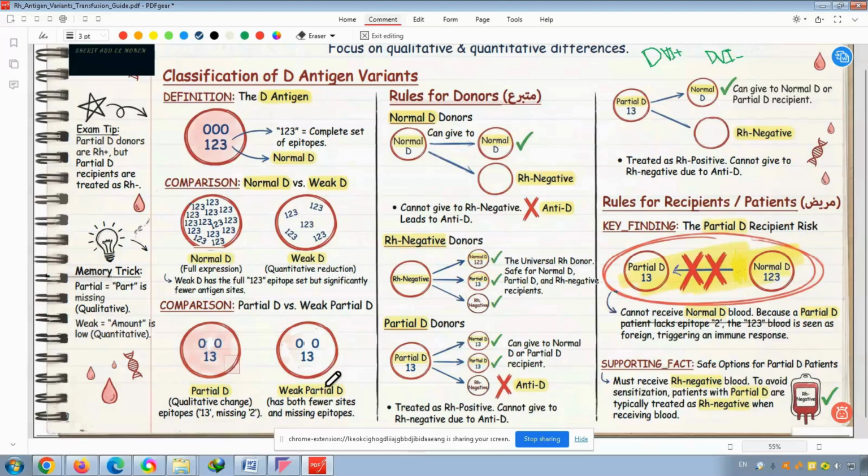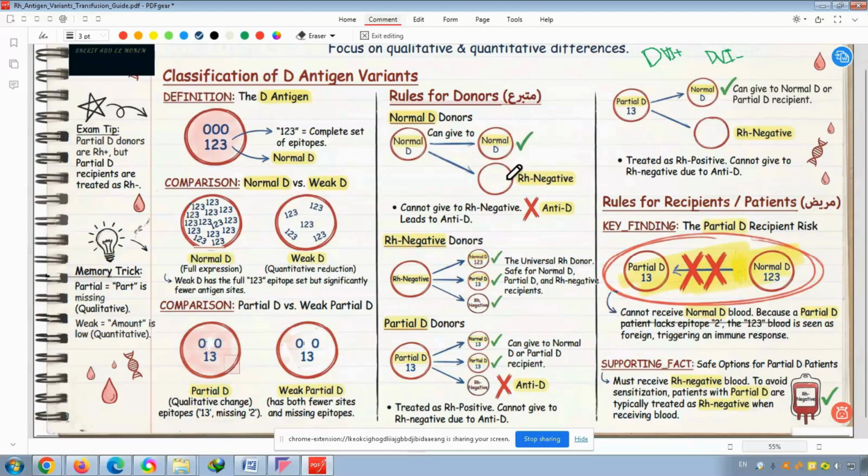Now, where will everything become apparent? If we have a normal positive donor and we dispense this bag to a positive patient, then there's no problem.